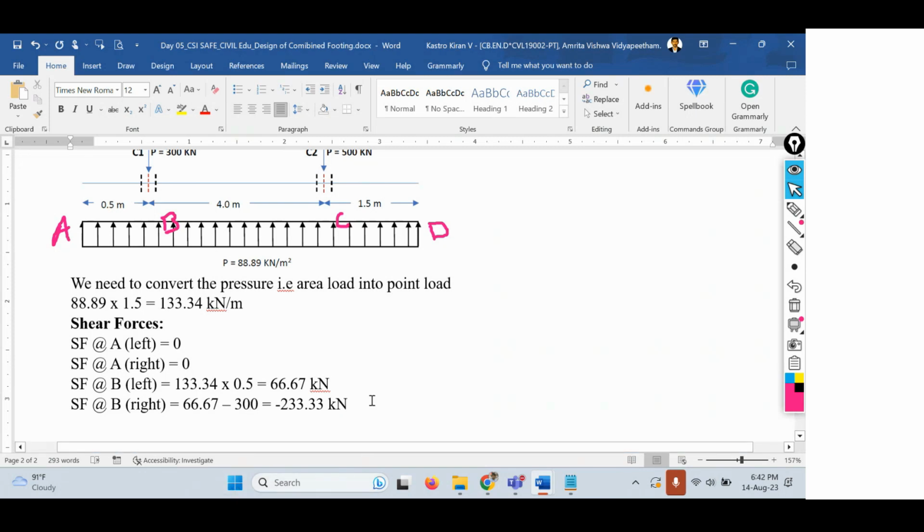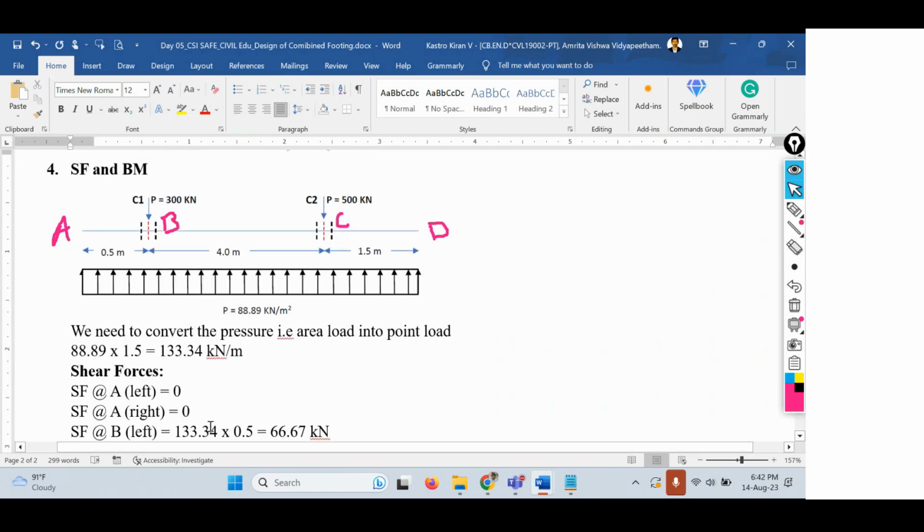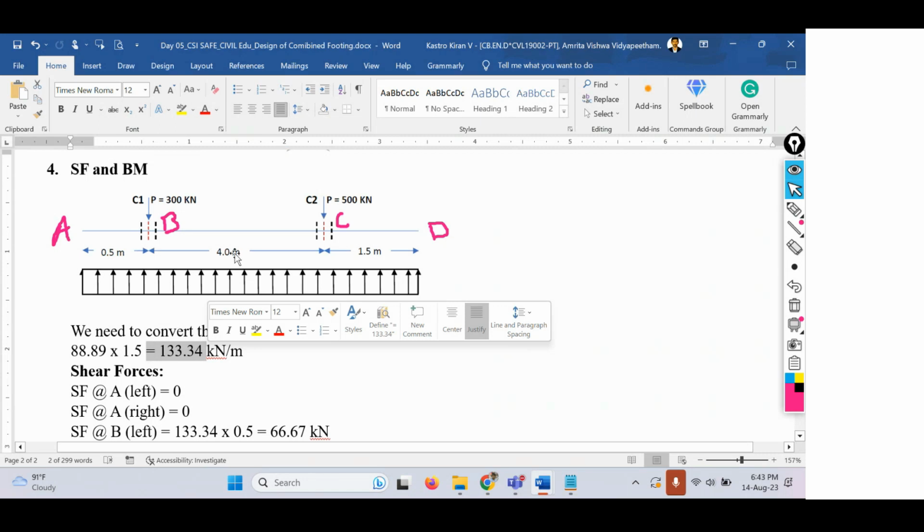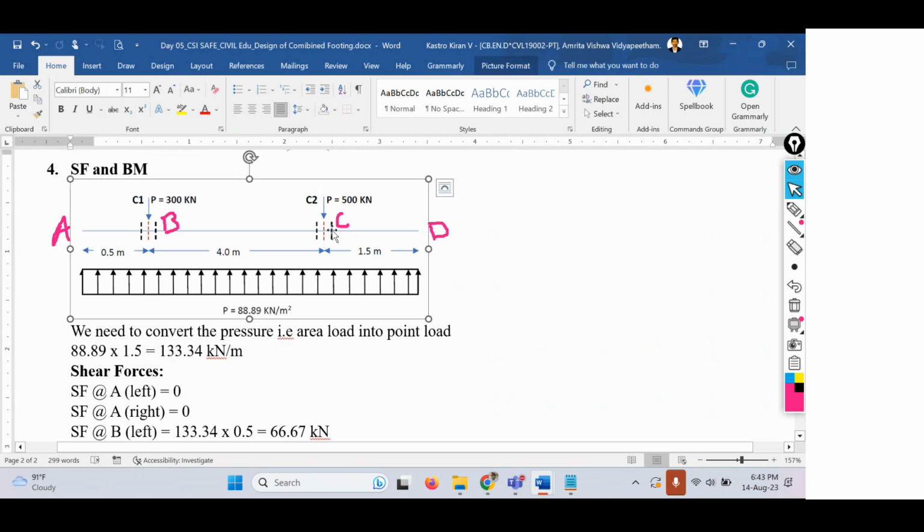Right. Similarly, let us calculate the shear force at C along the left side. Can anybody tell what is the shear force at C along the left side? Previous value, that is minus 233.33 kilonewtons, and anything else that is available. We have the upward soil pressure of intensity 133.34, which is acting over a distance of 4 meters.